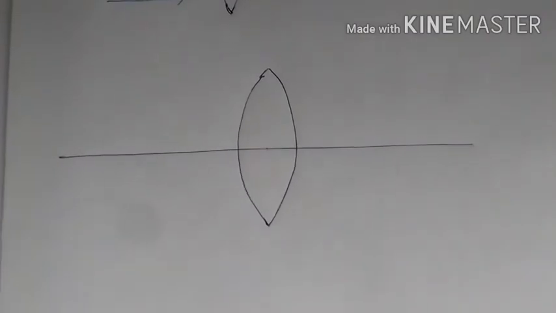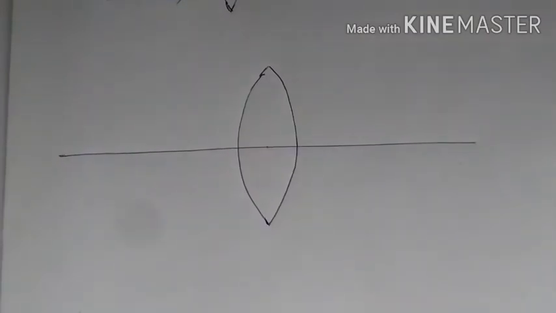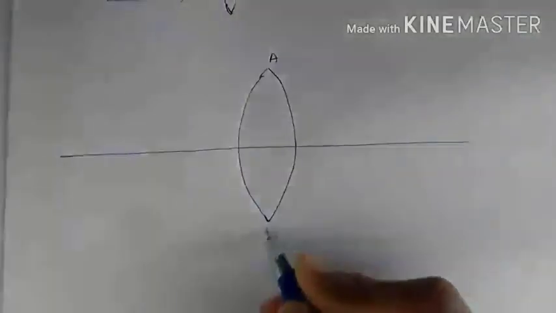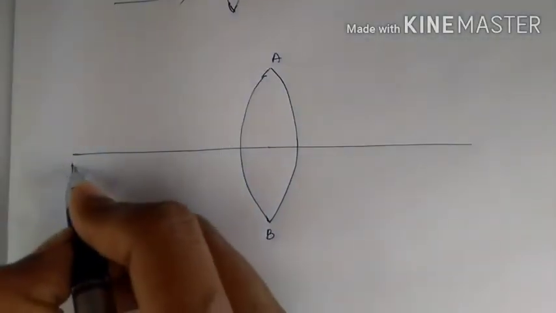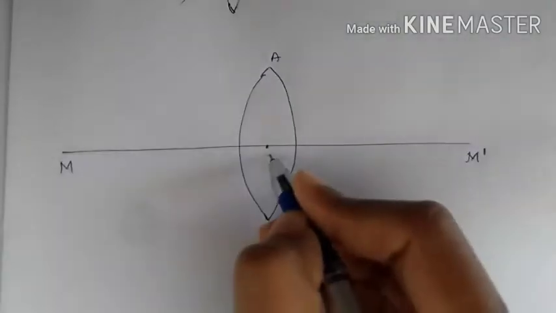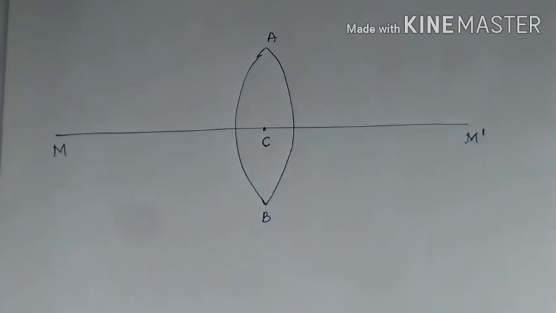Now if light rays come from infinity, they should meet at the focal point, but in a wide aperture convex lens they will not meet at the focal point, but meet at different points. So let us see. Let this lens be AB and the principal axis be M and M prime, and this is the center of the lens.